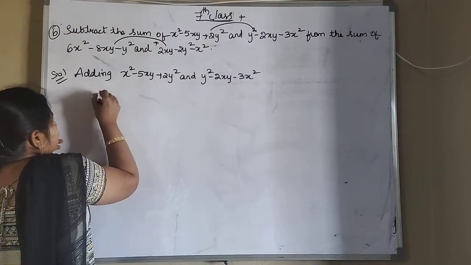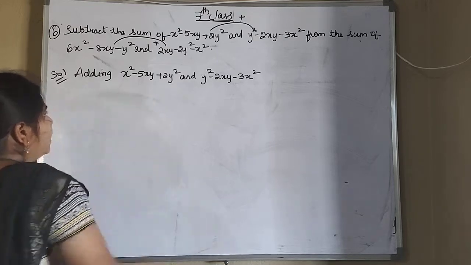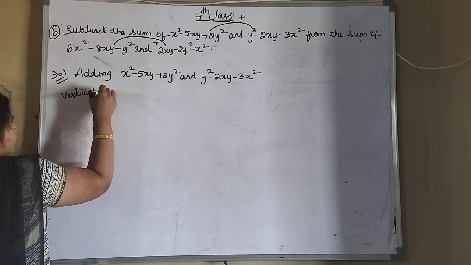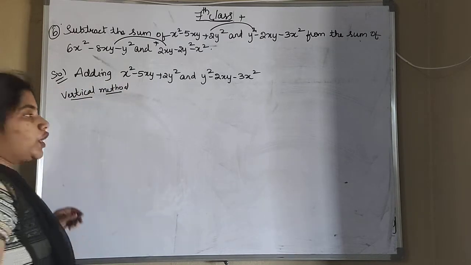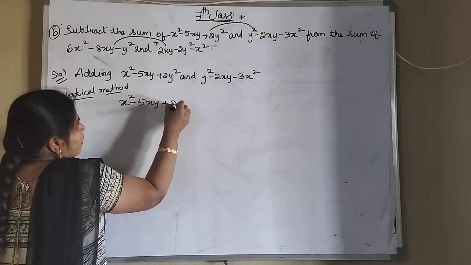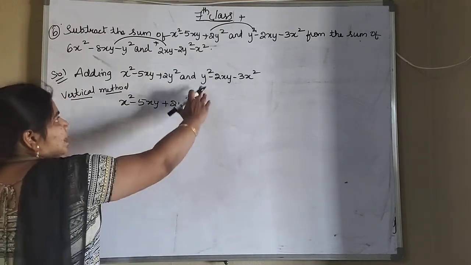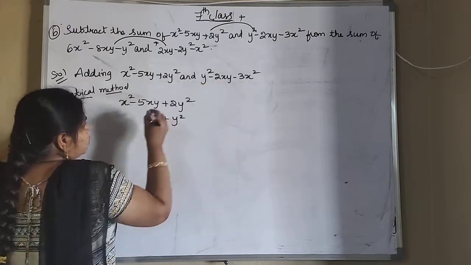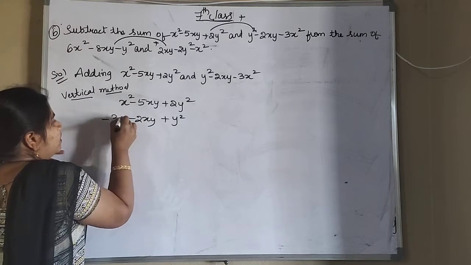Shall we do it in the vertical method? Yes, I am adding these two expressions in the vertical method. The first expression is x square minus 5xy plus 2y square, and the second expression is plus y square minus 2xy minus 3x square.